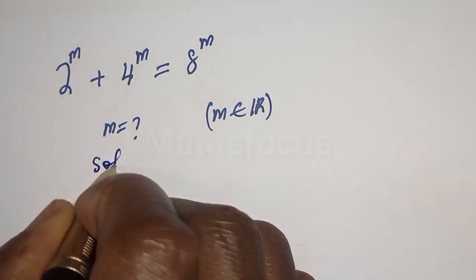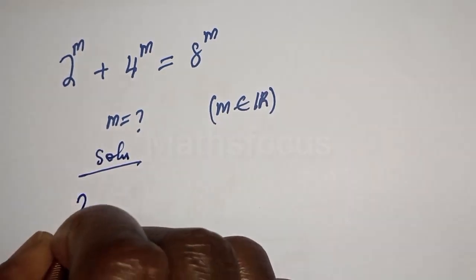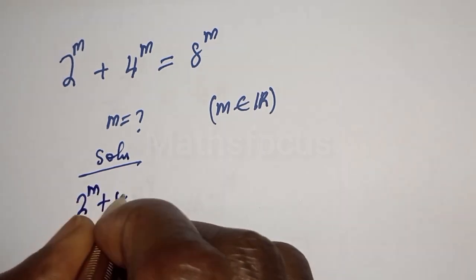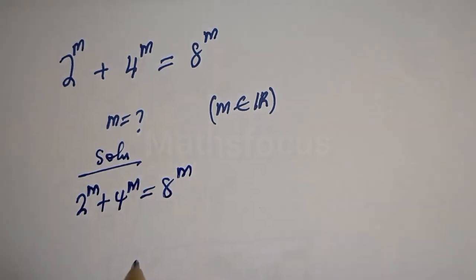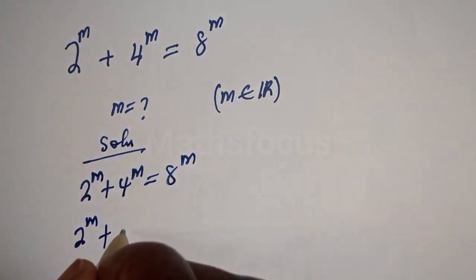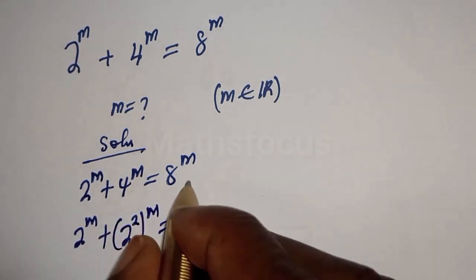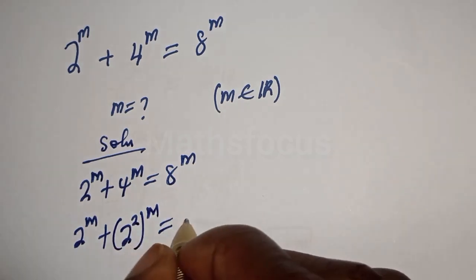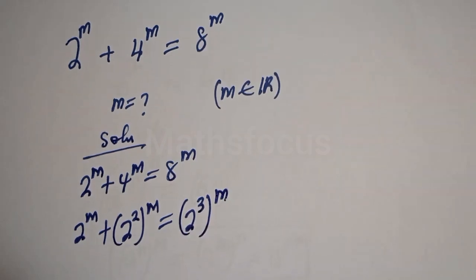Solution. We have the given equation 2 raised to power m plus 4 raised to power m is equal to 8 raised to power m. Then 2^m plus 4^m can be written as 2^m plus (2 squared) to the power of m, is equal to 8^m, which can be written as (2 cubed) to the power of m.